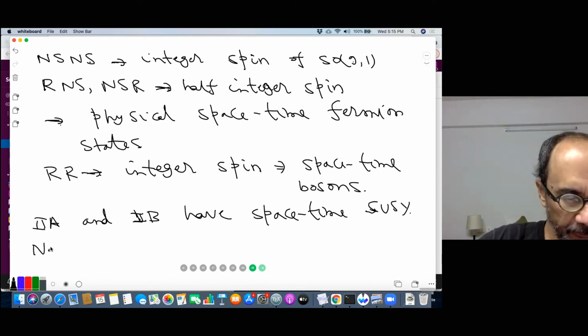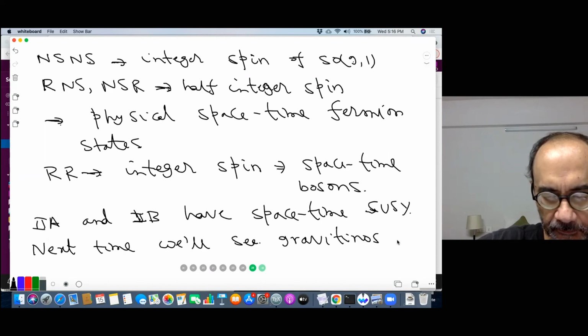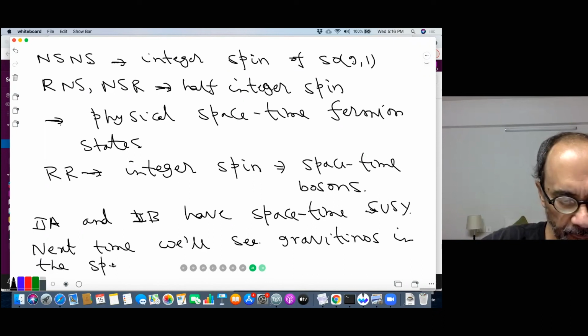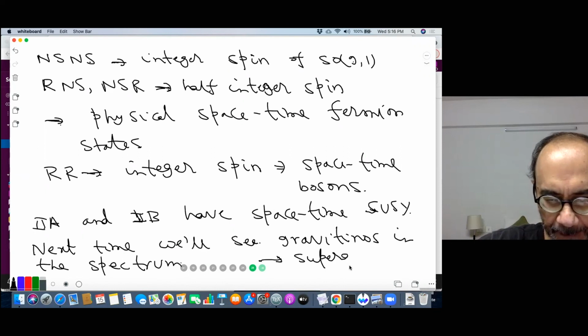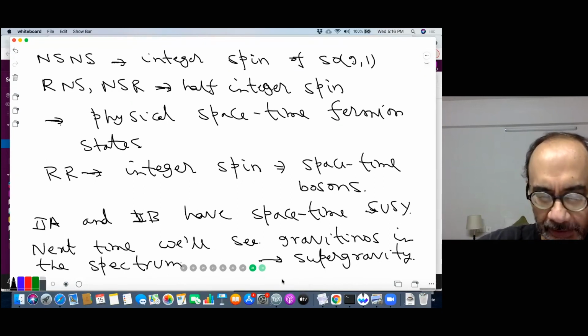Next time we'll see gravitinos in the spectrum, massless spin 3/2 states, and this basically makes them into supergravity. We will also see that there are two sets of gravitinos, one from the RNS sector, one from the NSR sector. So these are really N equal to 2 supergravity in D equal to 10.